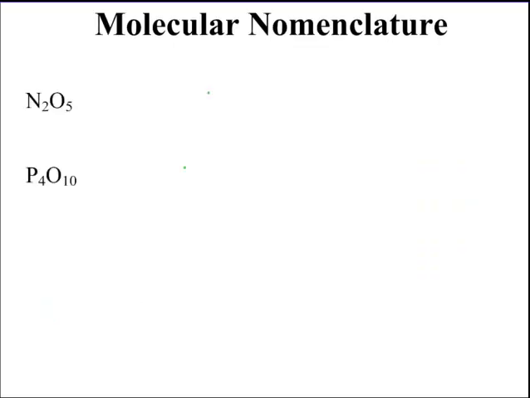Here's two examples. On the first one, we're going to name the element N, which of course we know is nitrogen. On that, we're going to put the prefix for 2. That prefix is di. Then we're going to do the same thing for the second half.